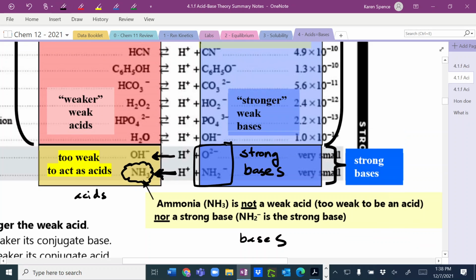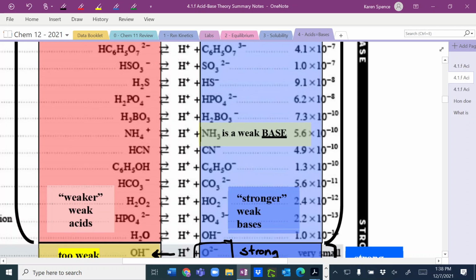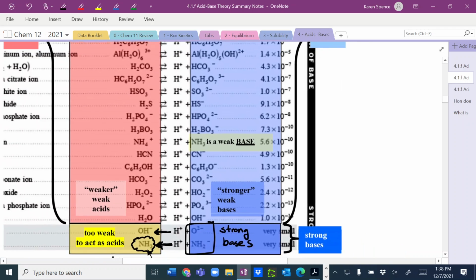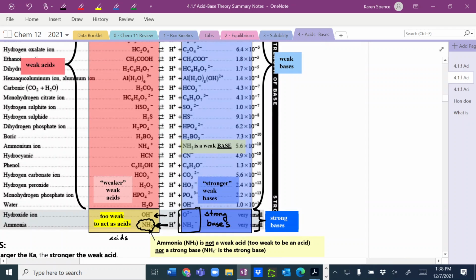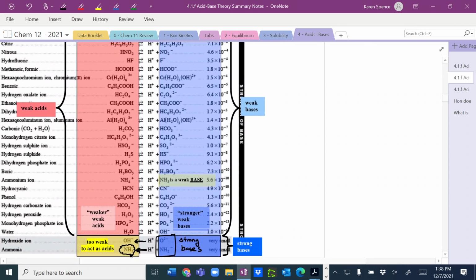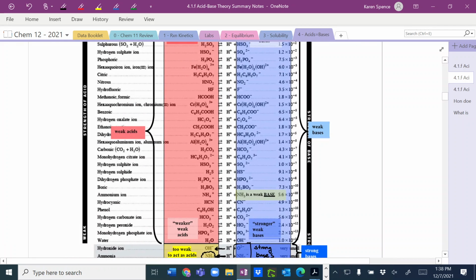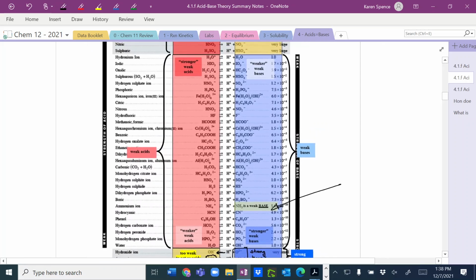Where you will find ammonia is up in the middle of the weak base section. Yes? So you can see it kind of right there. Yeah? So ammonia is a weak base. It can accept a proton and become NH4+. So that's really all there is to this table for now.